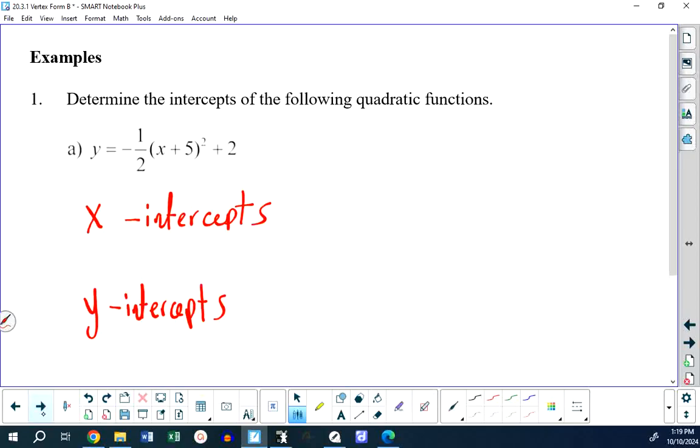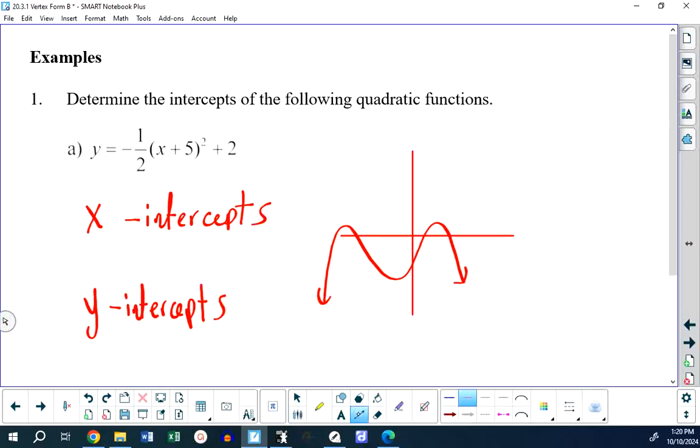So that says, briefly, I don't want to get sucked into a vortex with this, that says that something like this is a function, because no matter where I put a vertical line on this, it will always intersect in only one place. Therefore, every single x has only one y.